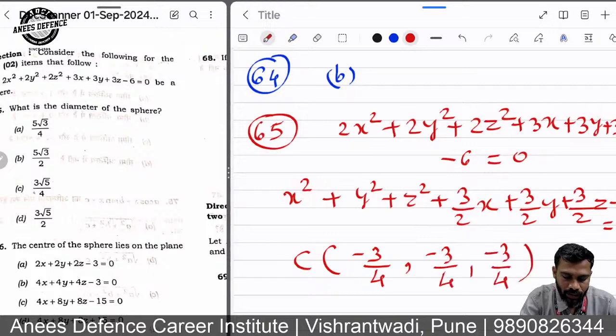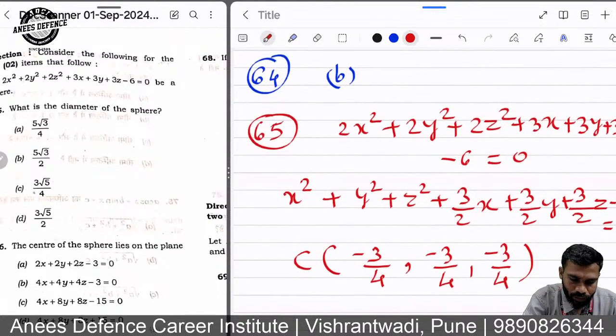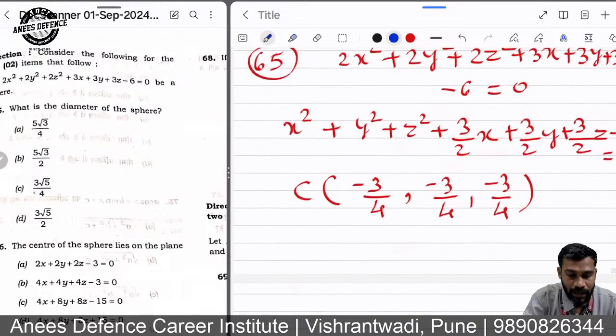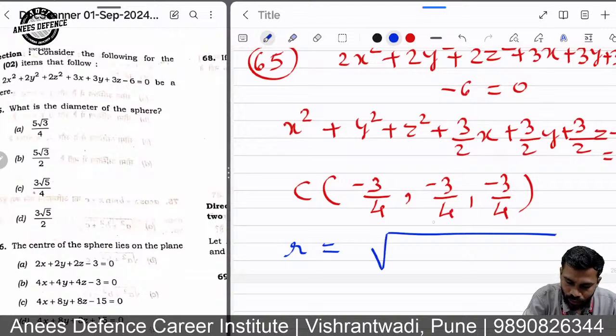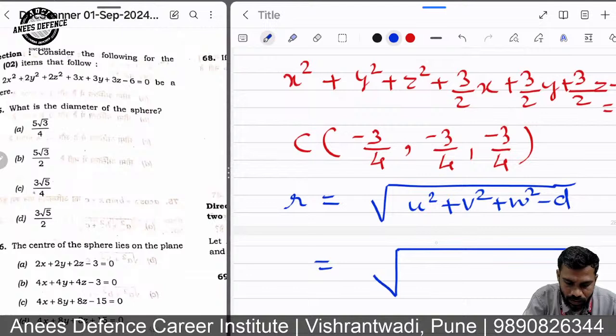This will be the coordinates of the center. And we already know the formula for finding out the radius, right? So r is equal to under root u square plus v square plus w square minus d, right? So we already know the values of u, v, w, d. You need to just write here.